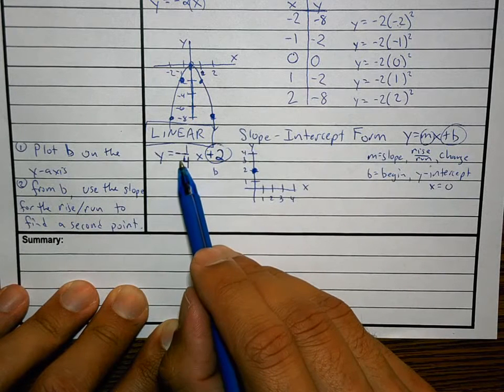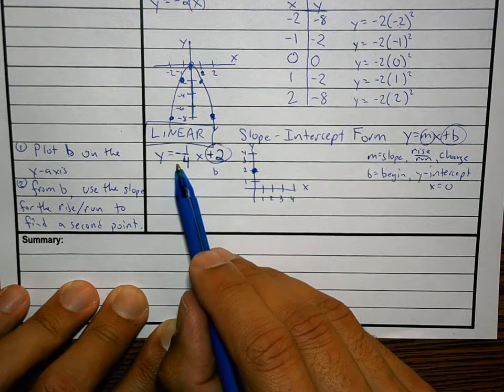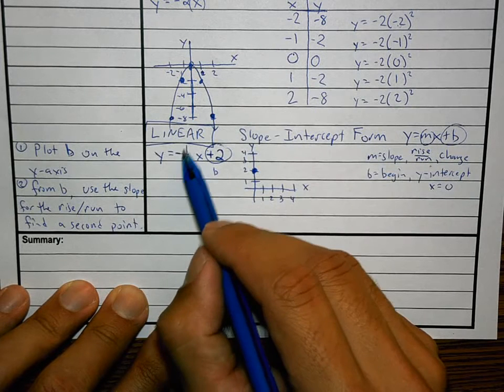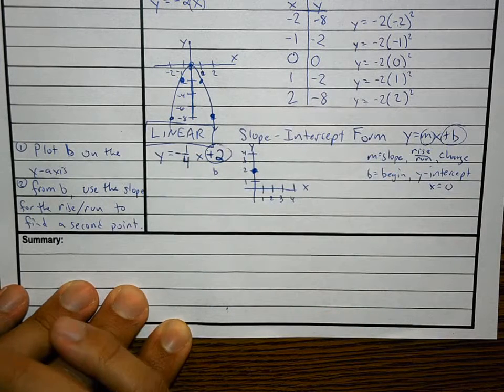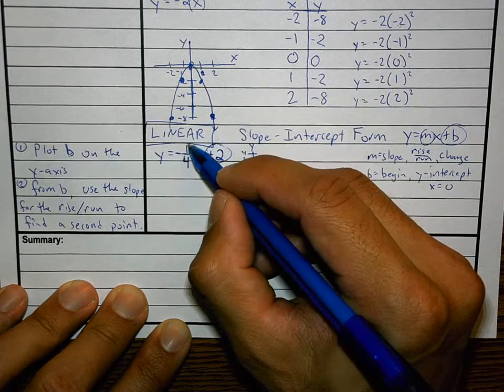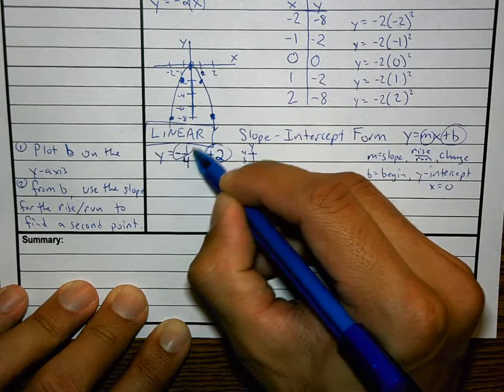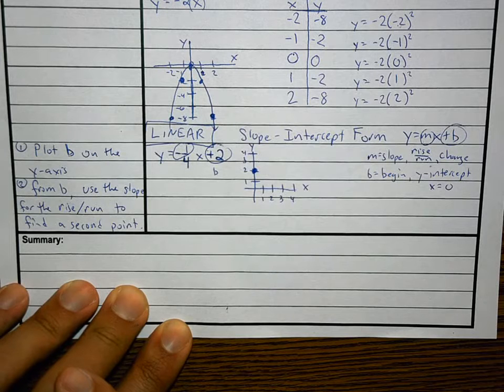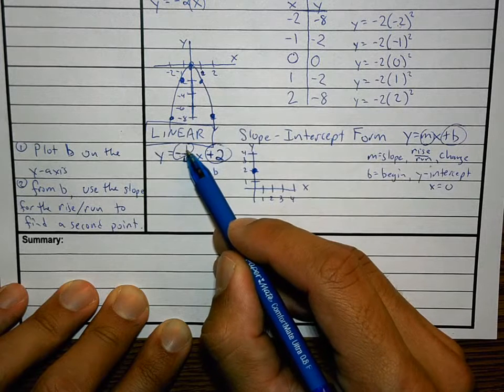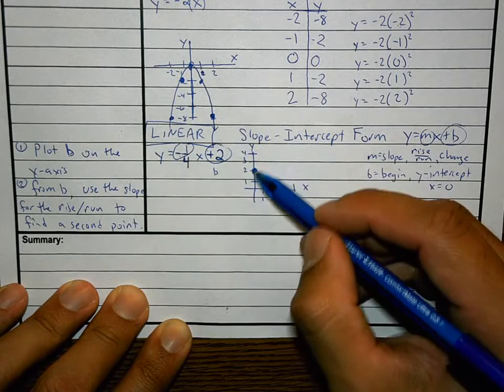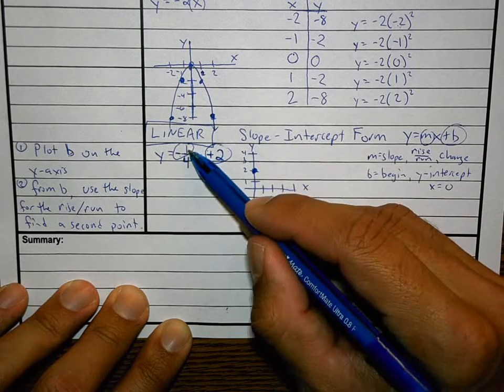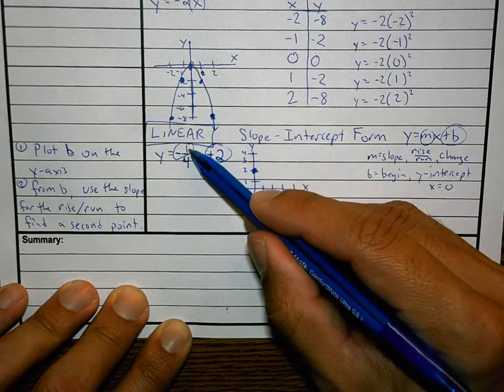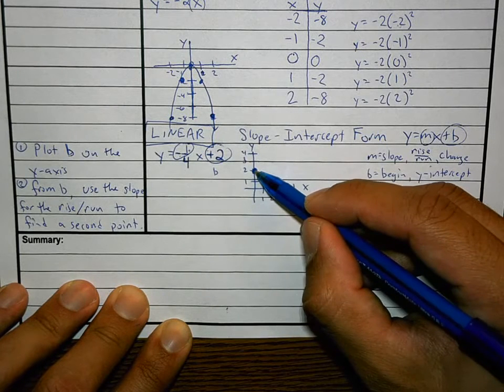This rise over run is negative. It has a negative 1 over 4. Whenever you have a negative in front of your slope, I want you just to think of that negative as only belonging to the top, because then your rise is not a positive one. Your rise is now what? Going down.